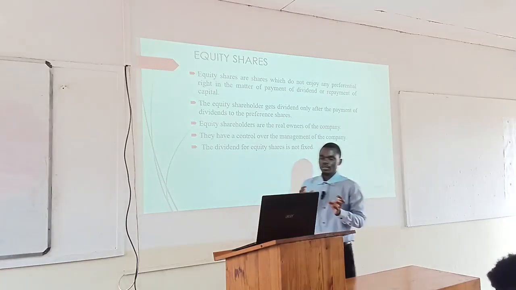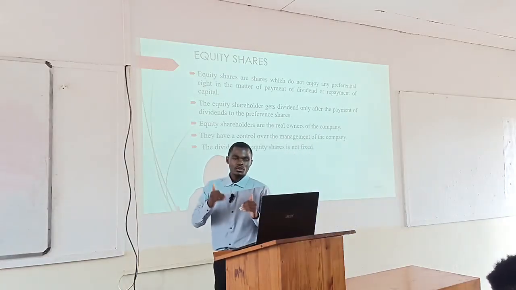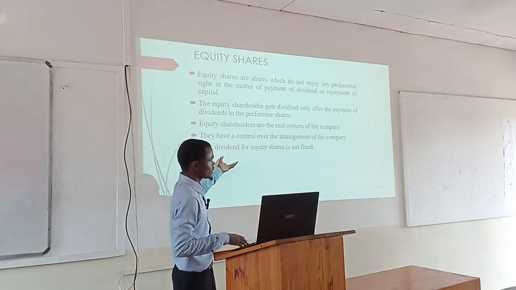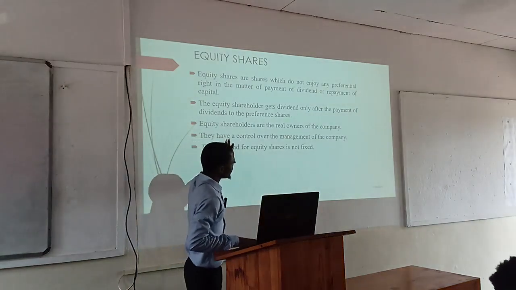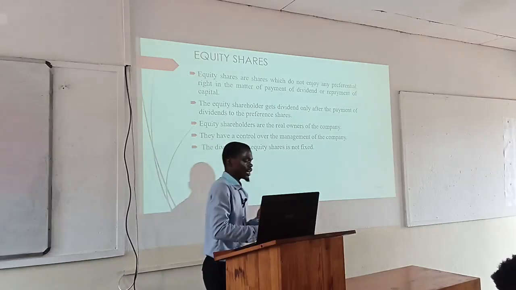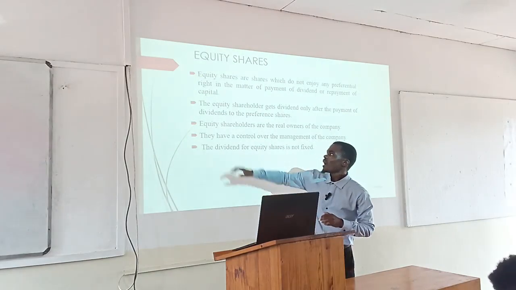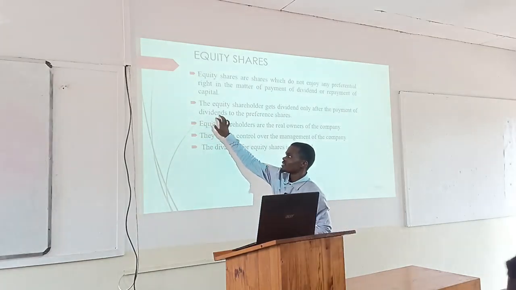People who want to become owners of the organization have to buy these shares. Once they have bought them, they become part of the ownership of the organization. They become shareholders, and they'll be given dividends.